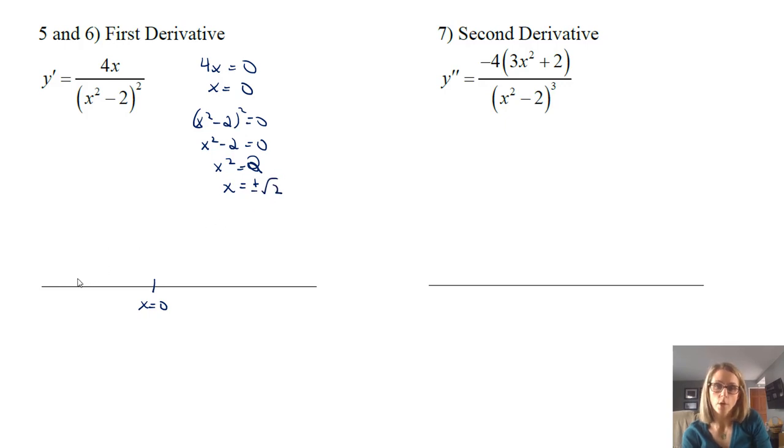So I'm going to put those values on as well. So I'm going to put x equals negative root 2, and over here I'm going to put x equals the square root of 2. And I can, if I want, even think about doing something like this to just remind me that these are my vertical asymptotes here.